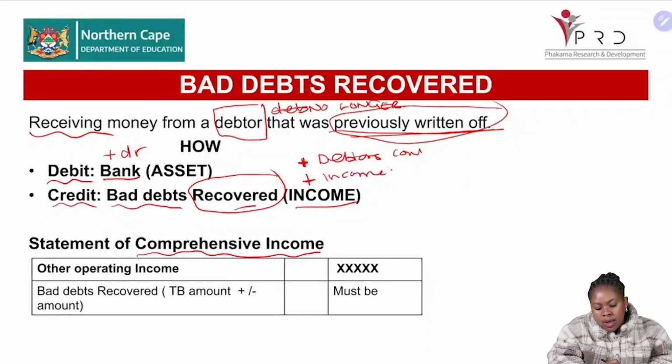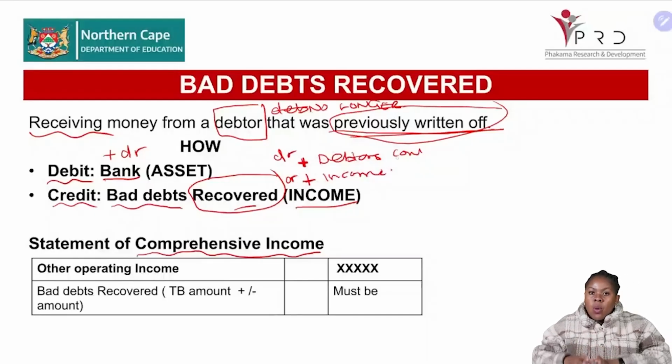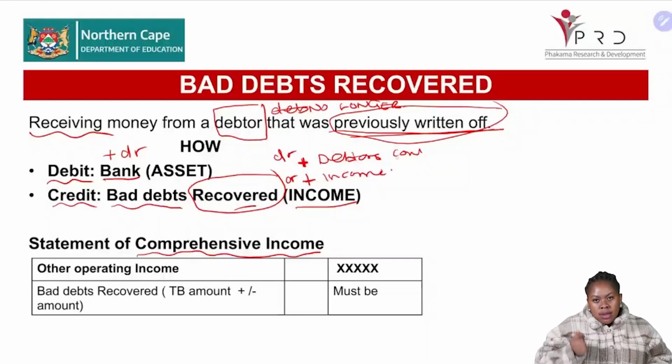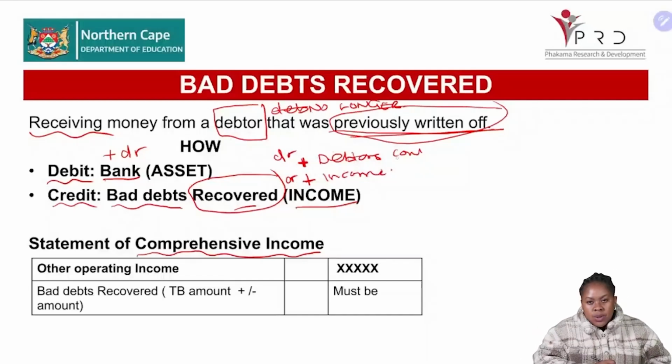Okay. So that means that you're going to debit your debtors control and credit your income account, which is the bad debts recovered. Because initially, if the bookkeeper recorded it in the debtors control account, it means that the bookkeeper might have reduced the debt. However, in this case, it cannot be that way. We have to change the amount from the debtors control, and then we take it to our bad debts recovered account.